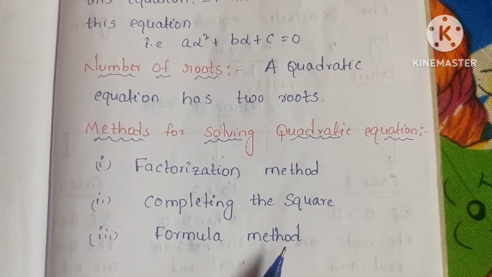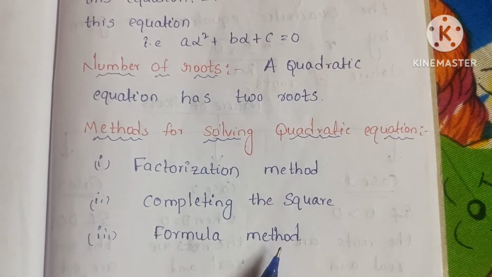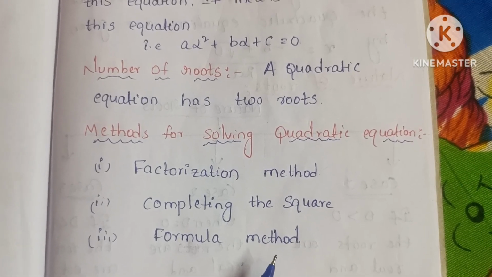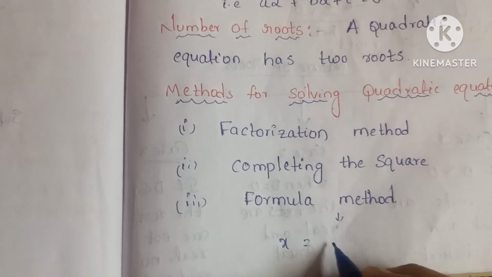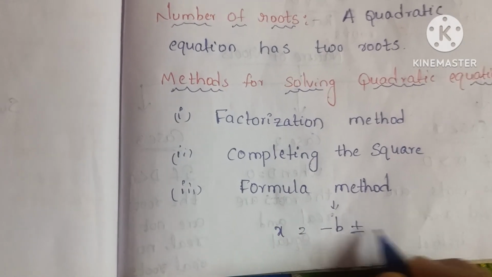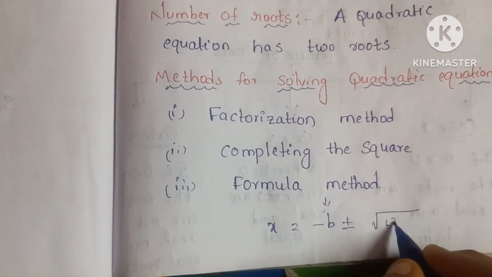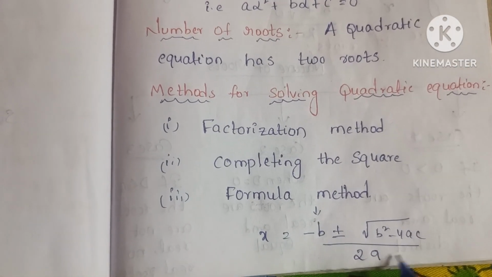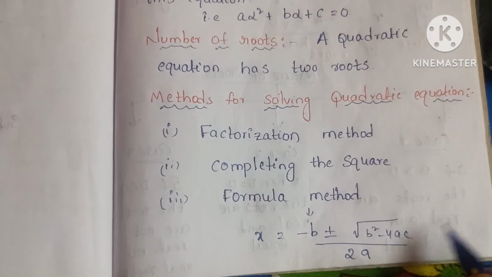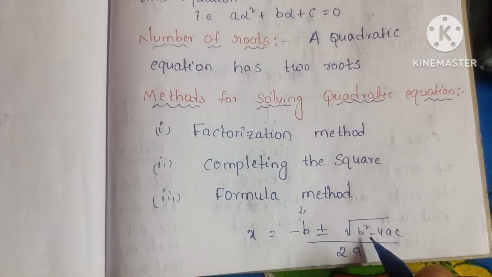Which formula are we going to use in this method? What is that quadratic formula? x equals minus b plus or minus root of b square minus 4ac, by 2a. This is the quadratic formula.